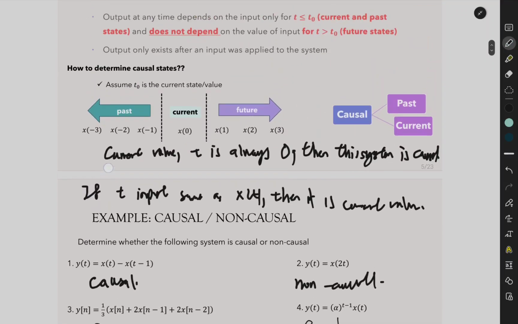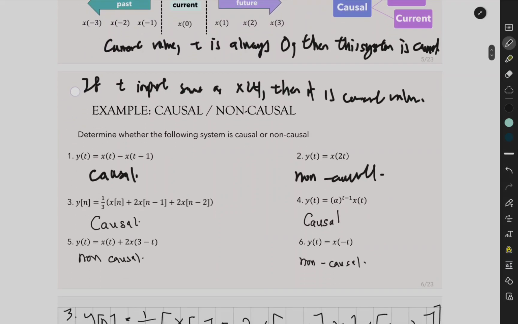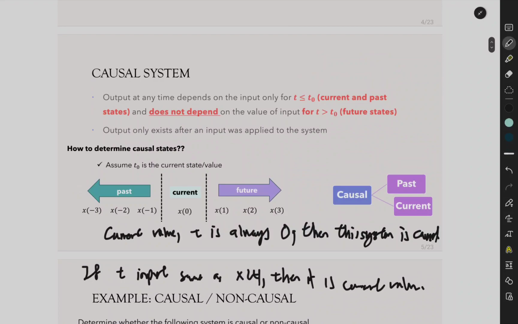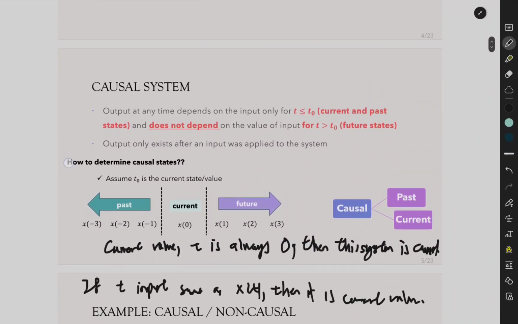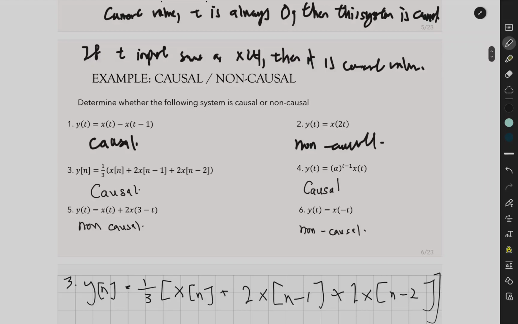If the system has future output, then it is a non-causal system. If the system does not have future output, then it is considered a causal system. Okay, so we take question 1 as an example.